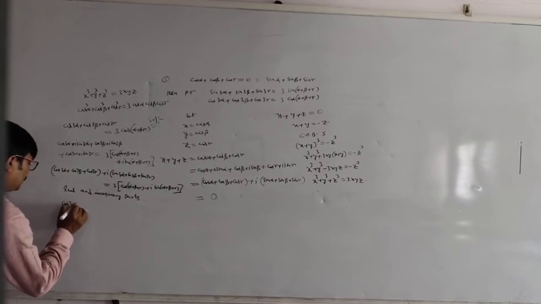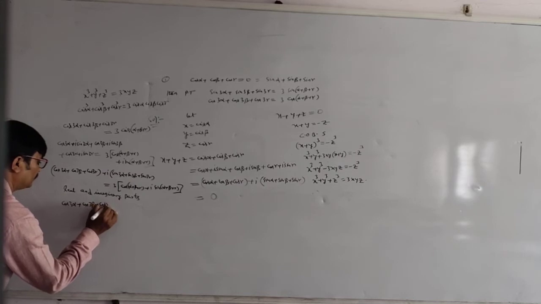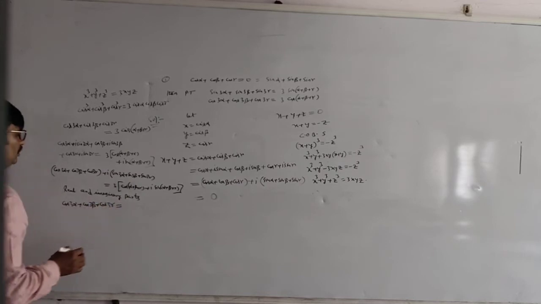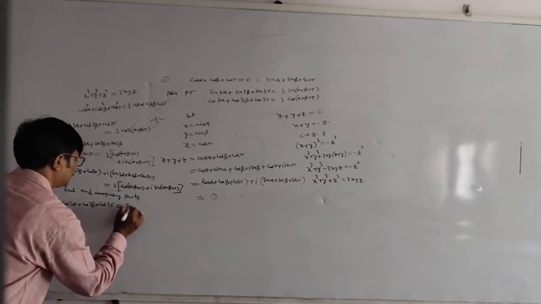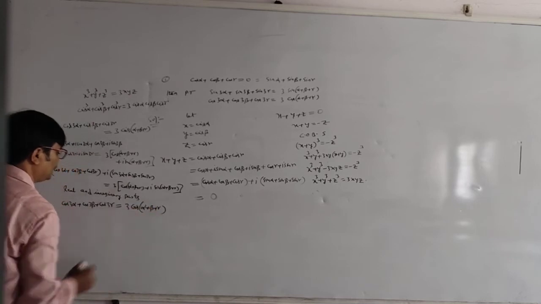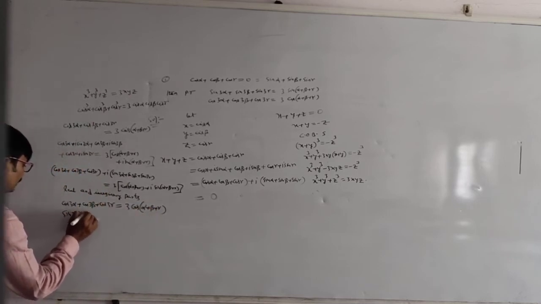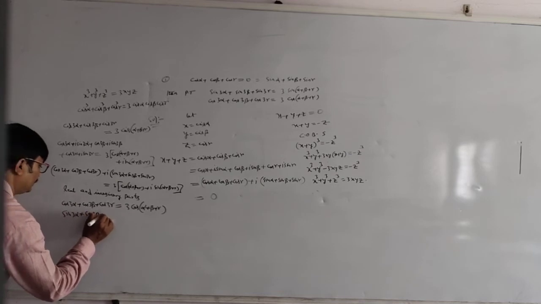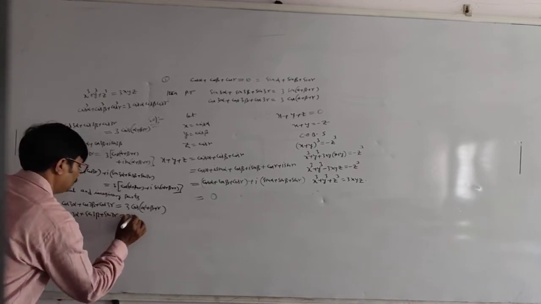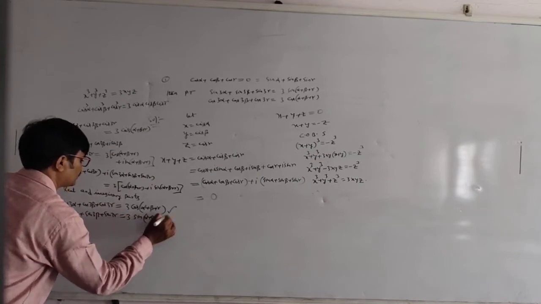This is cos 3 alpha plus cos 3 beta plus cos 3 gamma equal to 3 into cos of alpha plus beta plus gamma. After that students, sin 3 alpha plus sin 3 beta plus sin 3 gamma equal to 3 into sin of alpha plus beta plus gamma.